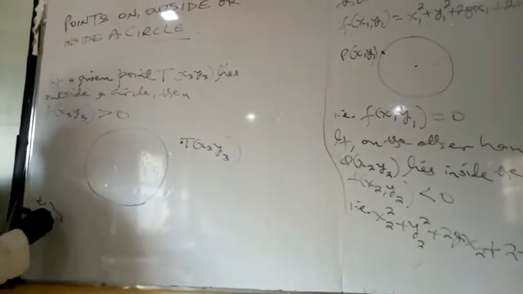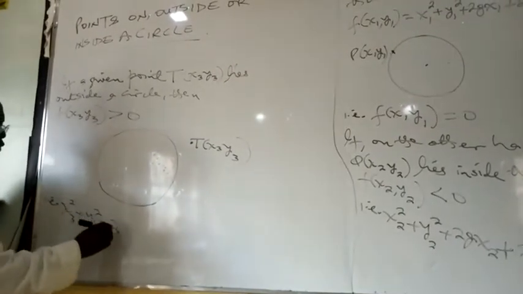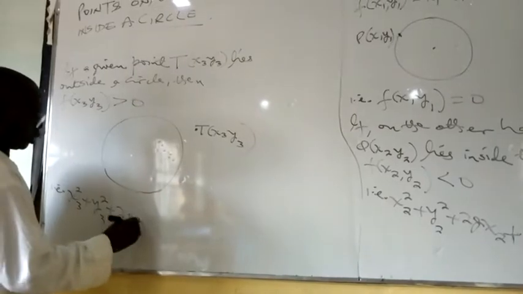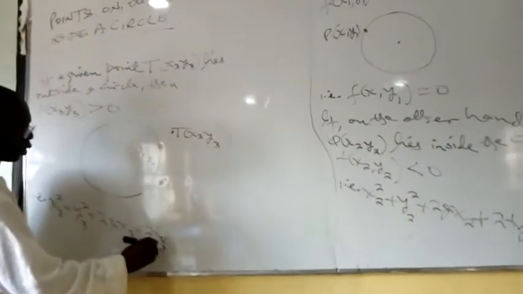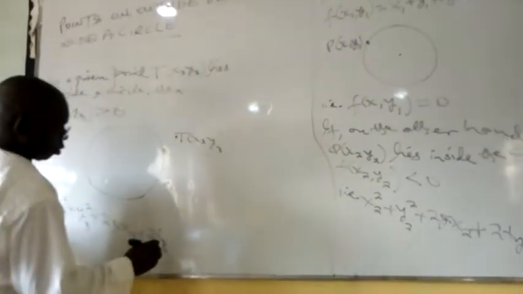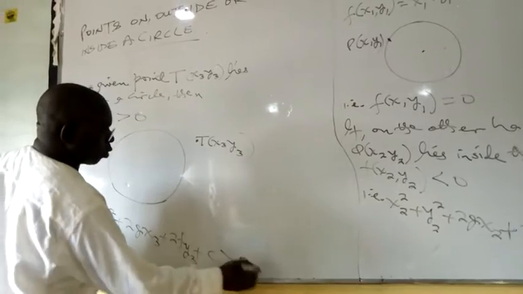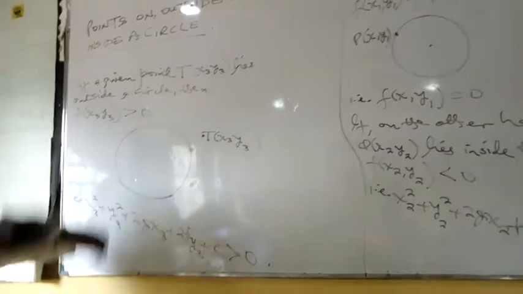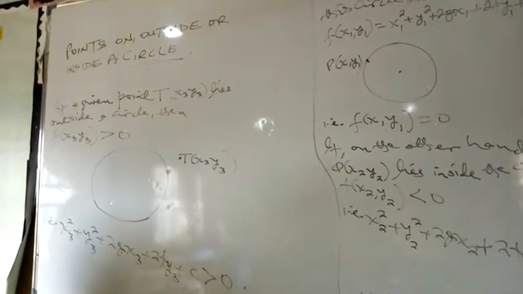In other words, x3 squared plus y3 squared plus 2g x3 plus 2f y3 plus c is greater than 0. So that is what we say. These are the conditions for a point to lie either on, inside, or outside the circle.